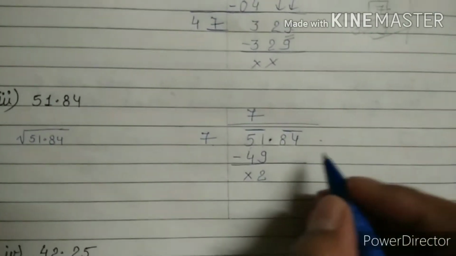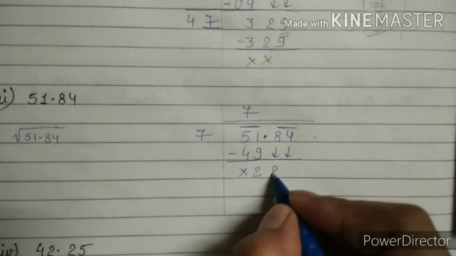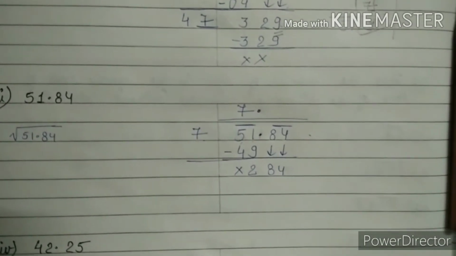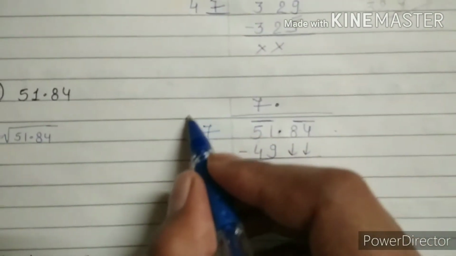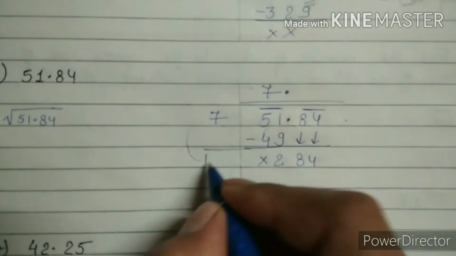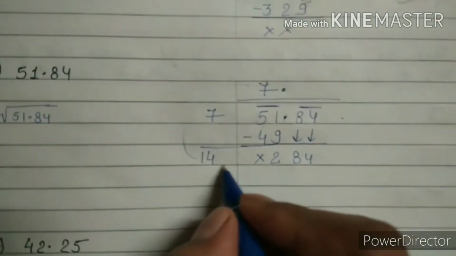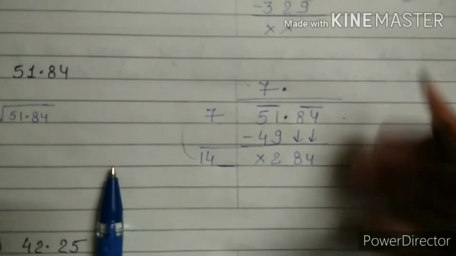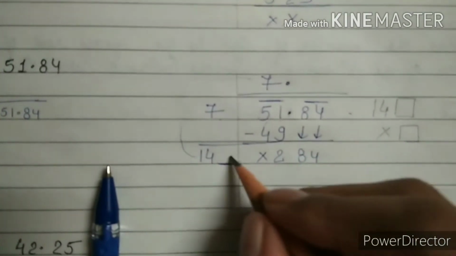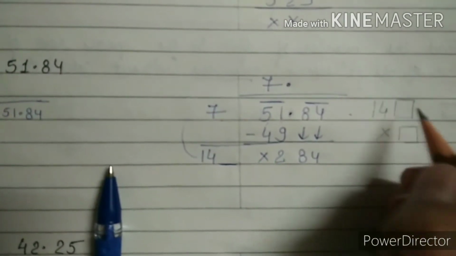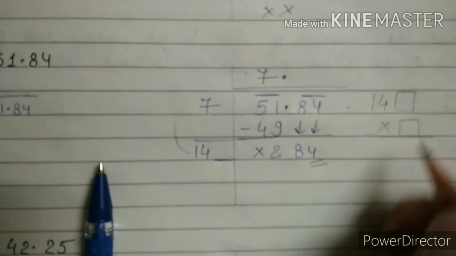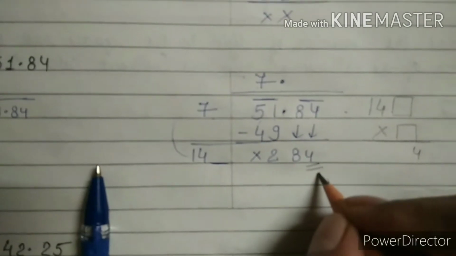Okay. Now we are copying the number after the decimal. So here the decimal will also come. Now here comes double of 7. Double of 7 is 14. Now we want a number here such that when we put that number on the ones place and the same number comes in the multiplication, we want the ones place of the answer to be 4.